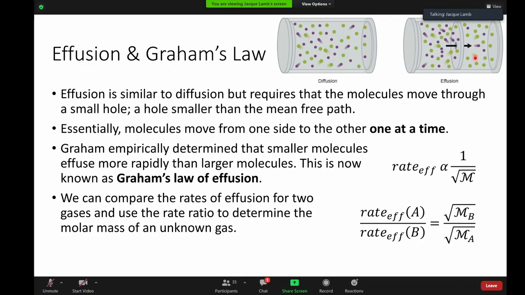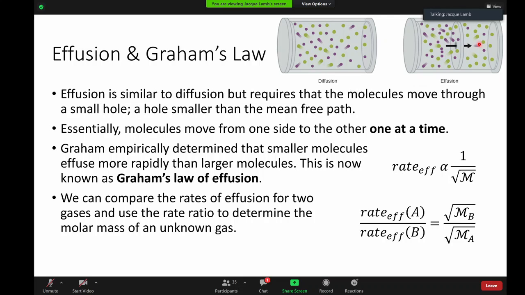It's much smaller than the mean free path. And you can measure the rate at which these molecules actually move through that hole into the other side of the container. And Graham empirically determined that the smaller the molecule, the more rapidly they would effuse, the more rapidly they would move into this second container.